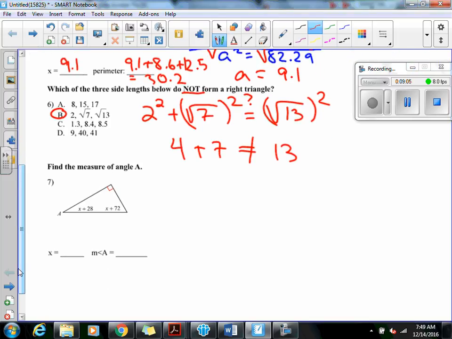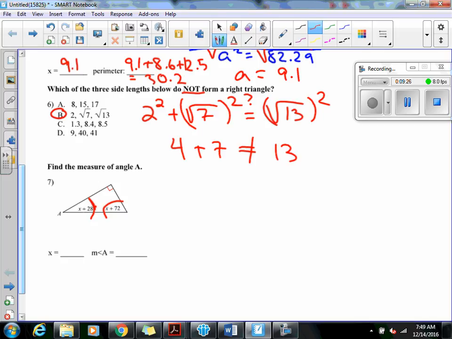Now this one was a struggle for some people. I wish you guys would tell me what made it a little more confusing, because you guys have done problems like this. I was really surprised, because you know that the 3 angles of a triangle make 180. Now, you could have taken 2 different approaches.